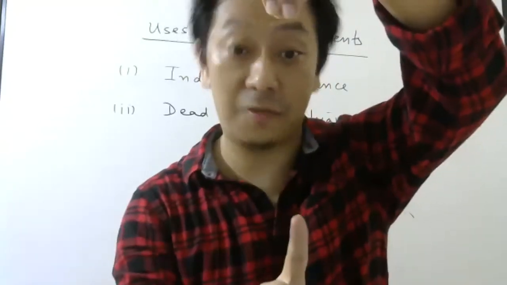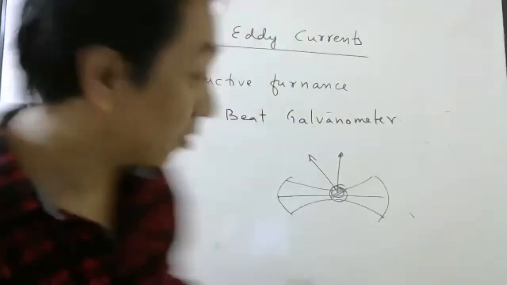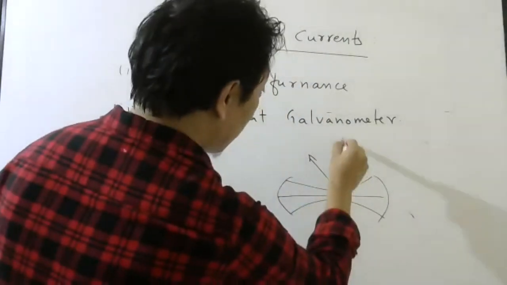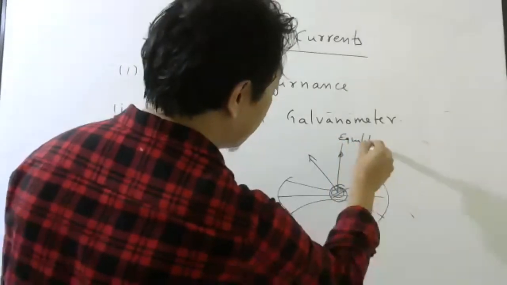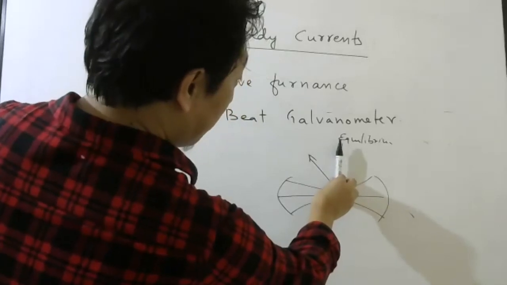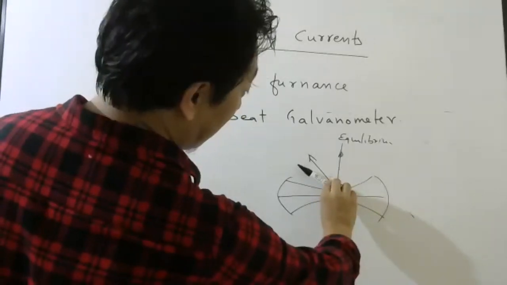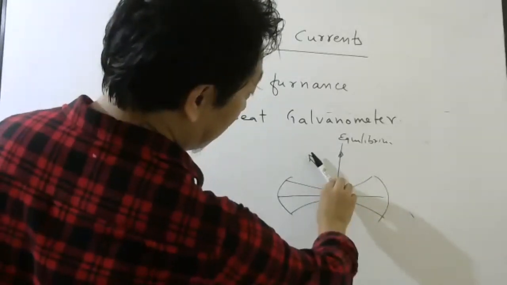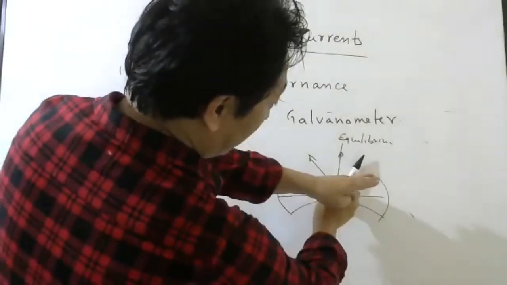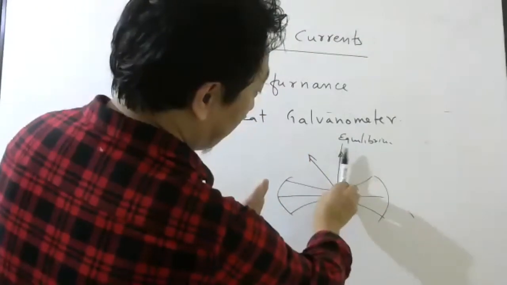Finally, it will stop here. That is what exactly happens in the galvanometer. So if this is your equilibrium position, at this position it will be in equilibrium. But as it is getting deflected, it will come like this. It will cross this point, then it will feel torque this side, so it will oscillate.